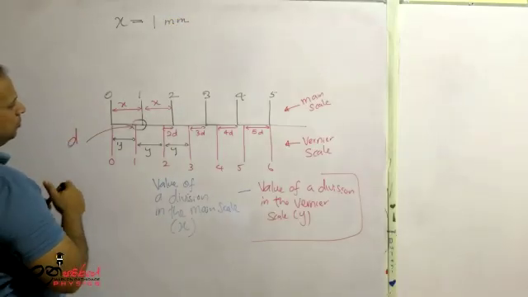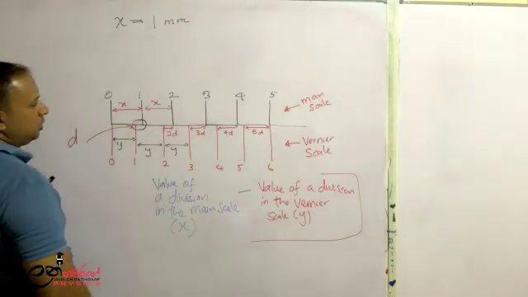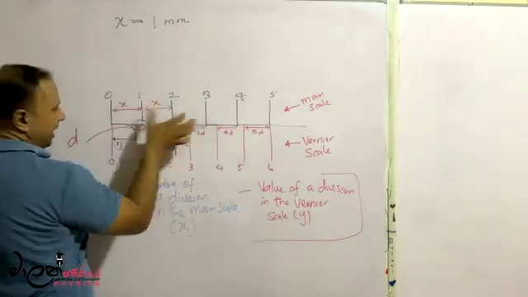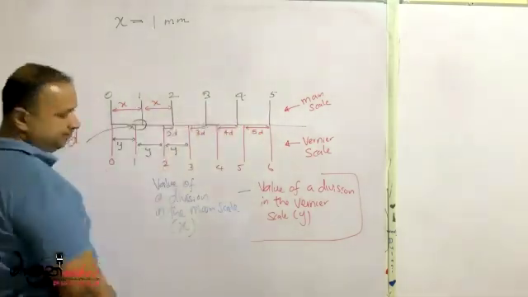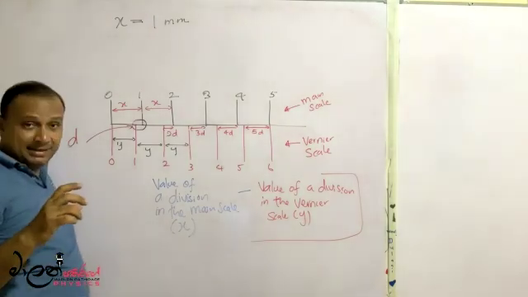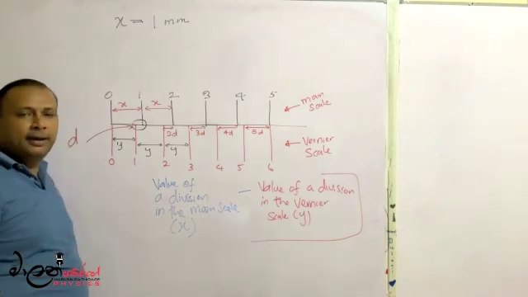Because the main scale is in 1 millimeter, x is equal to 1 millimeter. Suppose it is a ruler.